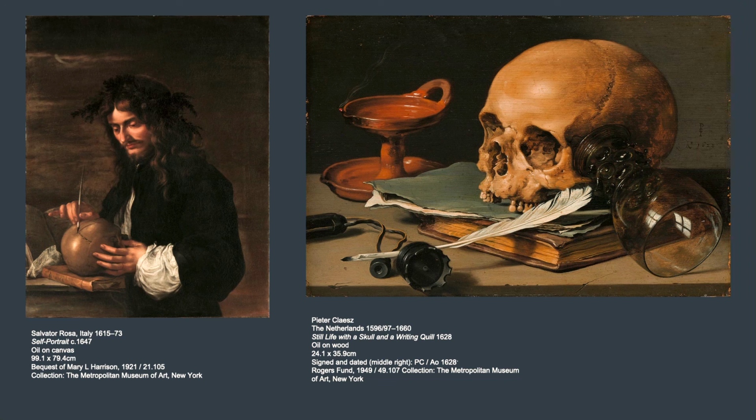He's also indicating his fondness for his friend. He's reflecting on Seneca, a Roman writer who talks a lot about friendship and death and all these ponderous themes. And so Salvatore Rosa is presenting himself here as a kind of philosophical, melancholic figure.